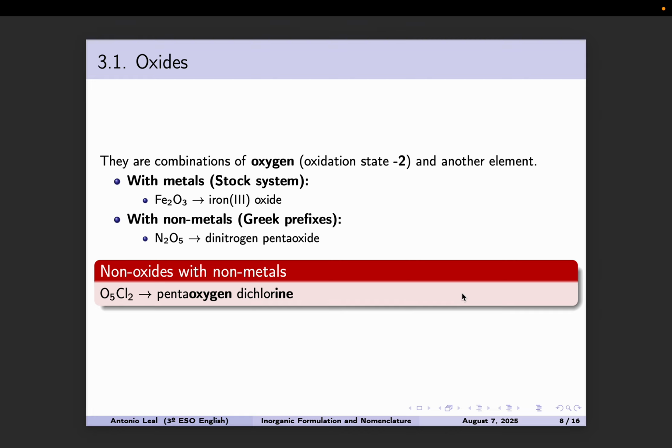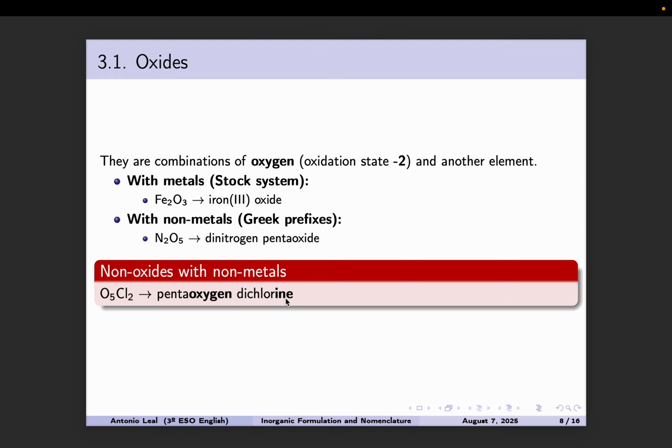But there are other possibilities. For example, if you remember the sequence of the elements in the periodic table, when chlorine is before oxygen, the name is going to be, this is a mistake, this is a D, so it's dichlorine pentaoxide.